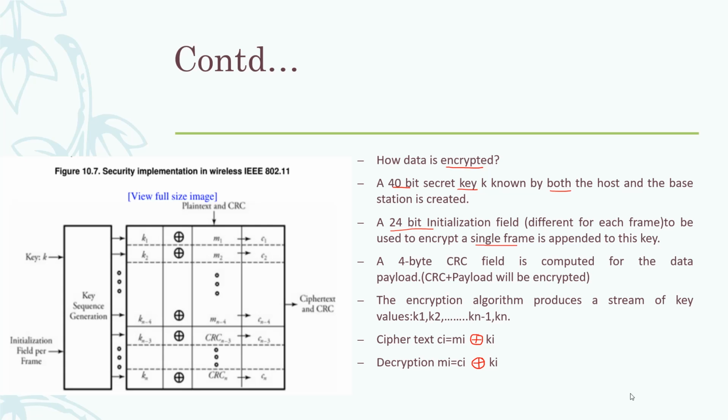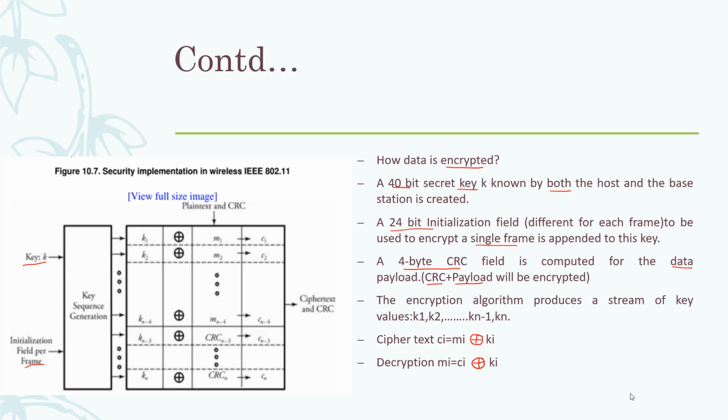We have K and the initialization field, and we have this key sequence generation, which is a part of our encryption, because for encryption we require a key. We also calculate a 4-byte CRC field, the cyclic redundancy checksum, computed for the data payload. So now our data is the CRC and payload combined, which needs to be encrypted.